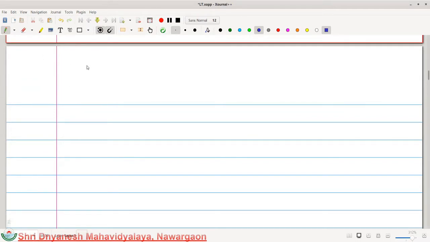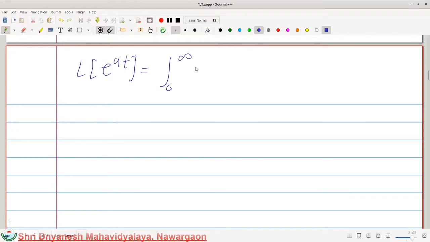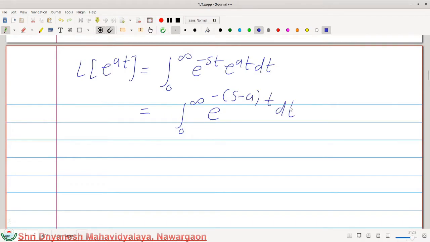We will get Laplace transform of e to the power at equals integration from 0 to infinity e to the power minus st e to the power at dt, which equals integration 0 to infinity e to the power, we can write this as minus s minus a t dt.